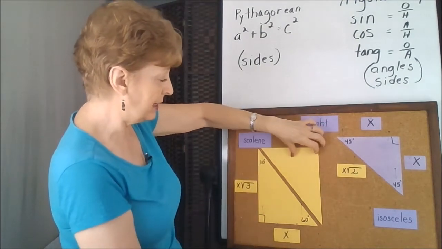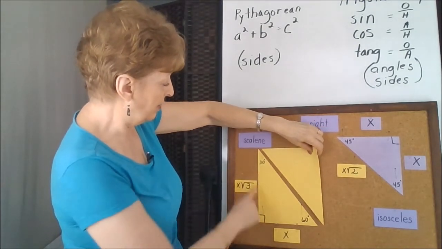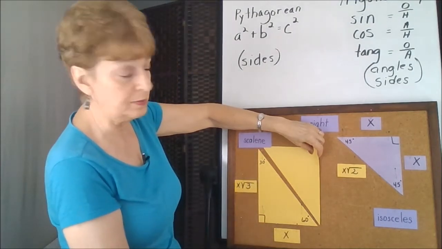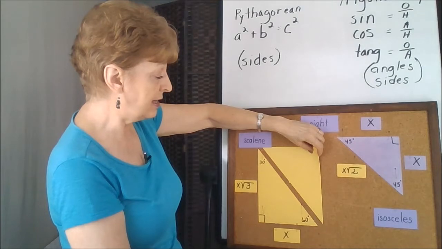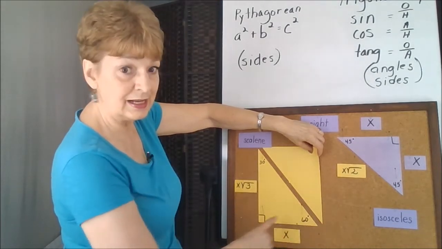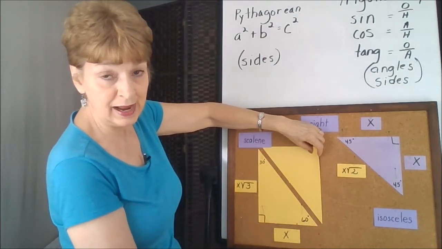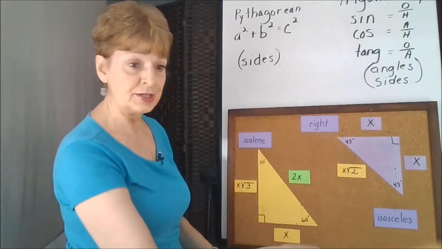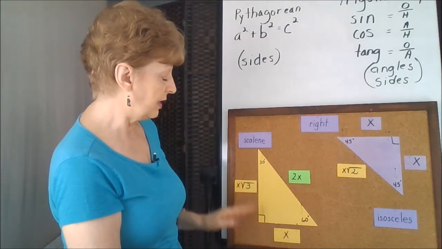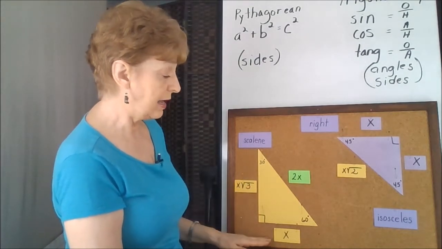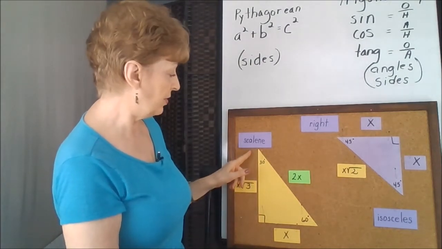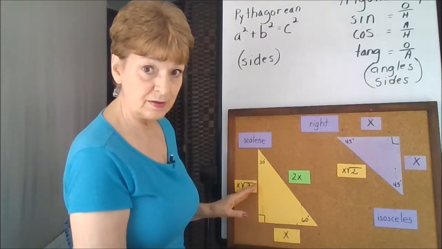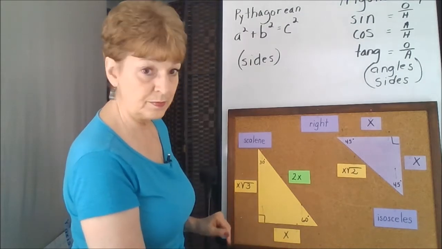This is a scalene triangle, and we've got 3 sides of it that have different measures. But because it's a 30, 60, 90 triangle, we already know the angle measures. So figuring out the lengths of the sides can be done with these special ratios. The sides have a special ratio between them.